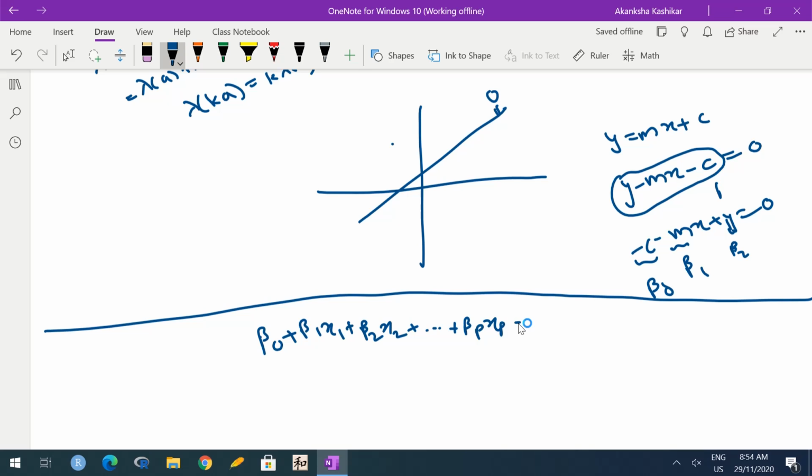If it is equal to 0, it lies on that line. However, if it is greater than 0, then it goes to one class. If it is less than 0, it goes to the other class. That would become our classifier. Points are on which side. Now in addition to that, we need a margin.